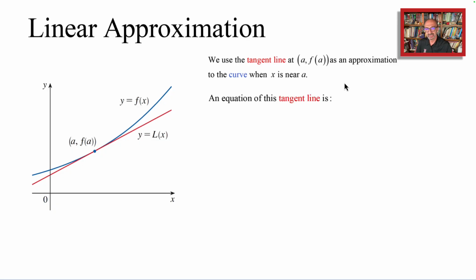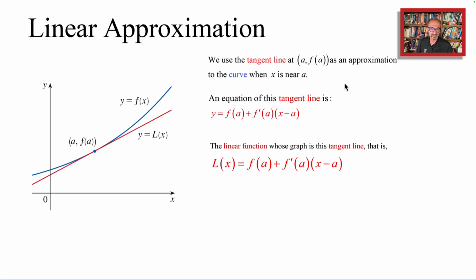An equation of this tangent line is y equals f of a plus f prime of a, the first derivative of the function, which is a slope, when you plug in a, slope of the tangent, times x minus a. The linear function whose graph is this tangent line, that is L of x. Now we call it L of x because we do have a curve and we have a line.